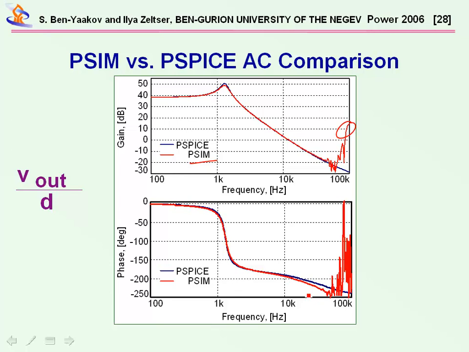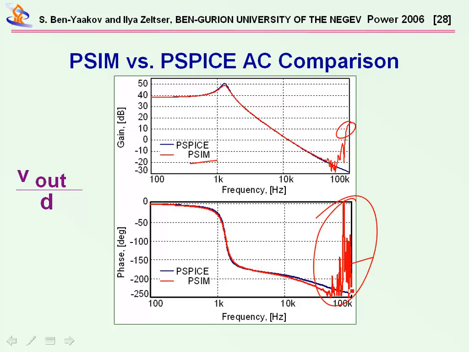You'll see that the two cases show practically the same response up to very high frequencies, in which case both analyses are incorrect because there is an error in the PSIM because the signal is very small and it's very difficult to get the information. Also, the switching frequency is in this case 100 kilohertz, and therefore the small signal injection around this frequency does not reproduce a nice sinusoidal waveform at the output.